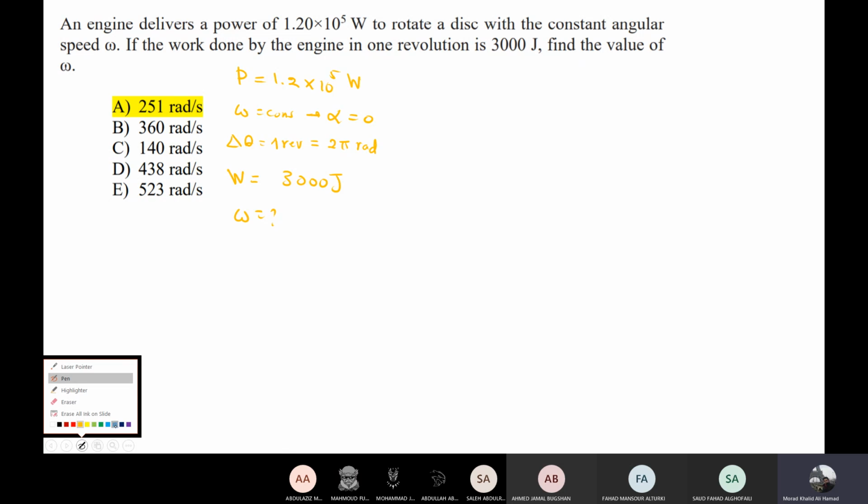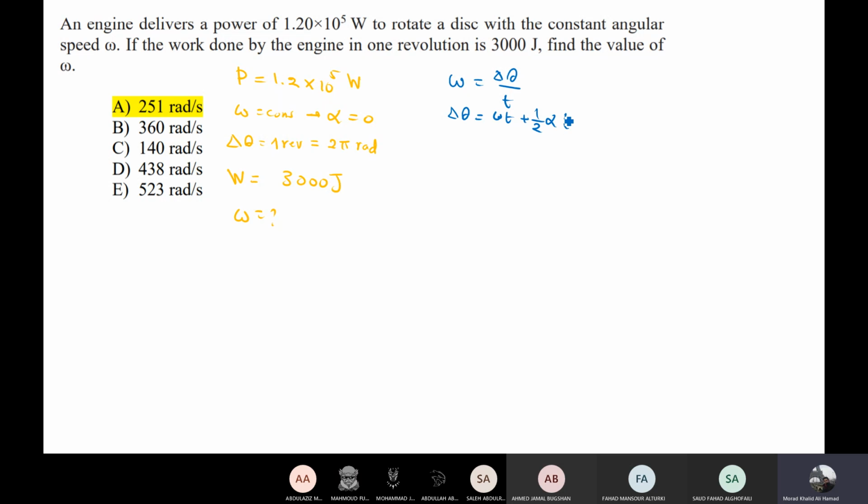Okay. We can do it in many ways. For example, since omega is constant, we can say that omega, which is the speed, equals distance over t. Or you can say that delta theta is equal to omega t plus 1/2 alpha t squared. Since omega is constant, alpha is equal to 0.